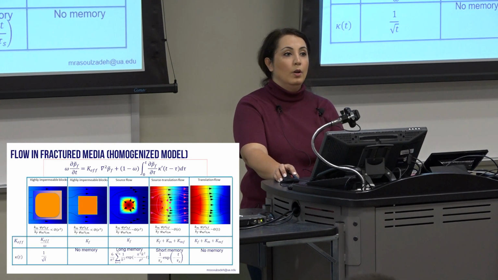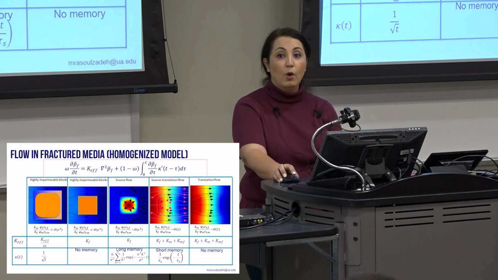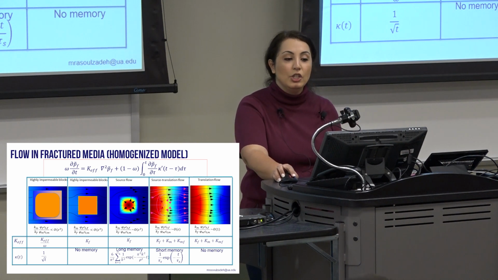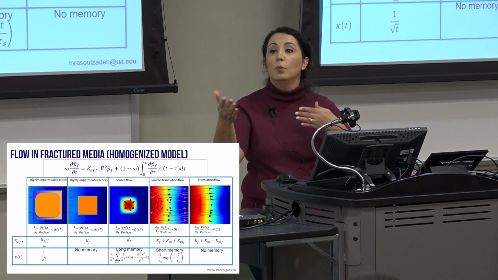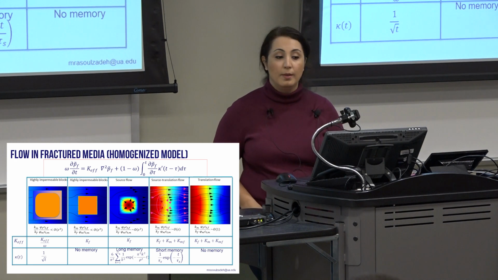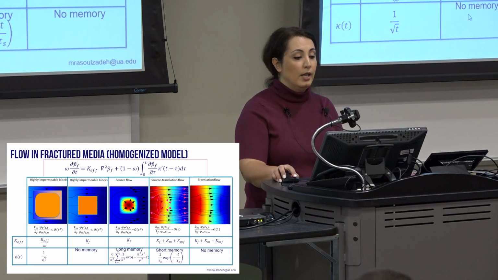And the equation of flow in such a fractured medium is not just a diffusion equation anymore. It has an additional term. It becomes an integral-differential equation. This additional term represents what happens in terms of the exchange with the matrix. And here I summarized some of the results.